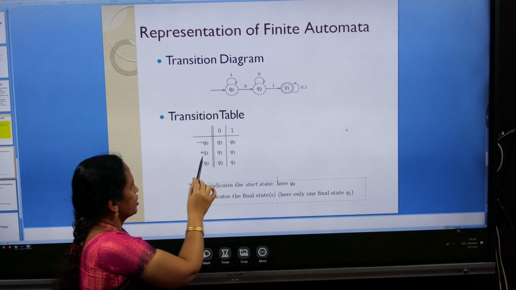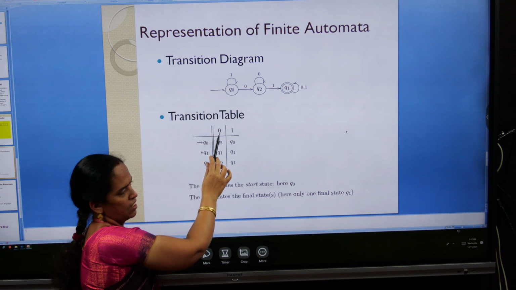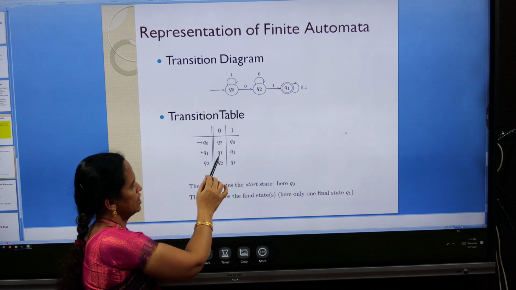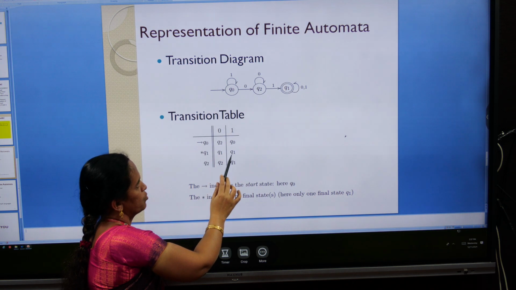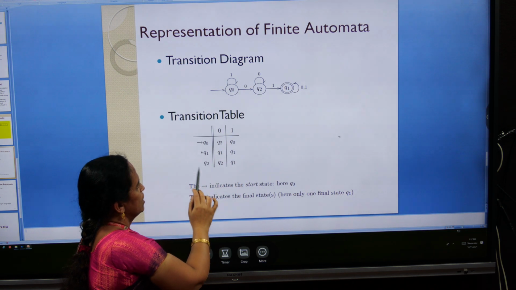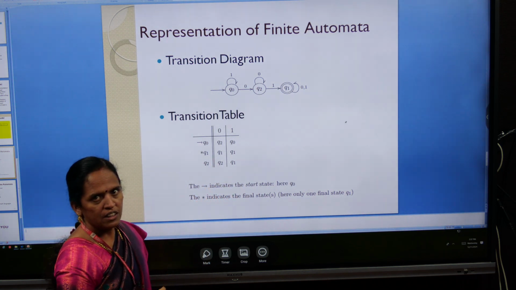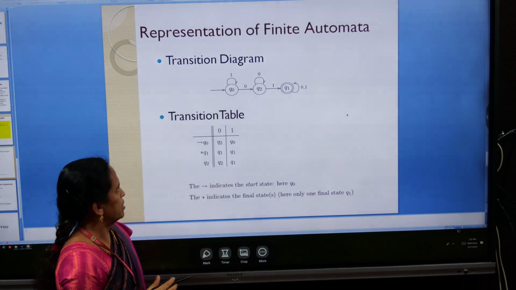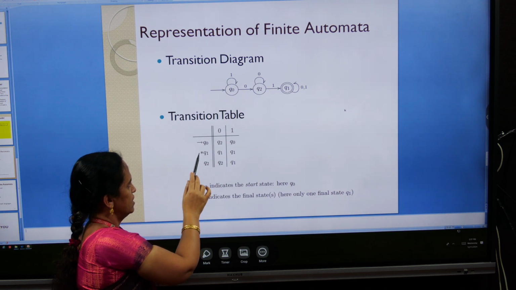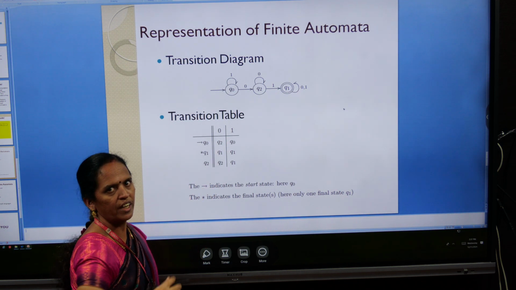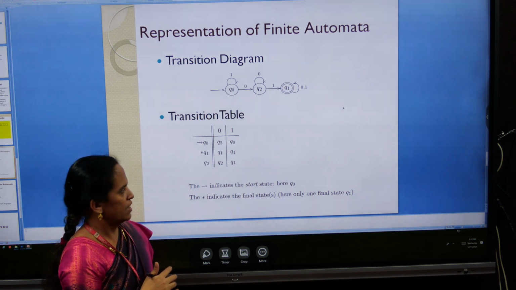For Q1, if we give 0 as input, it moves to the Q1 state. For Q1, if we give 1 as input, it moves to the Q1 state. Like this we can represent it in the form of a transition table. Here the arrow represents the starting state, and the star represents the final state of that finite automata.